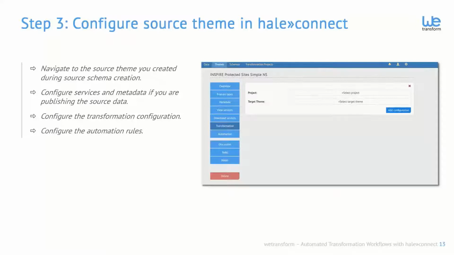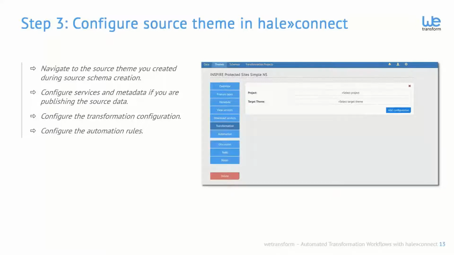To do that, we have to add a transformation configuration. So on your source theme, you need to add which transformation project you'll be using to transform that source data. And you can also, on the source theme, configure when you'd like the transformation to run.